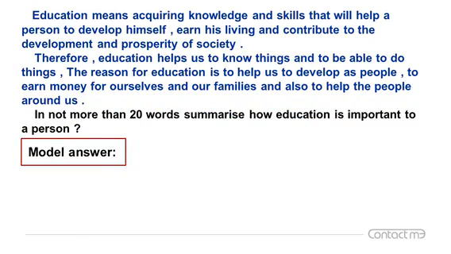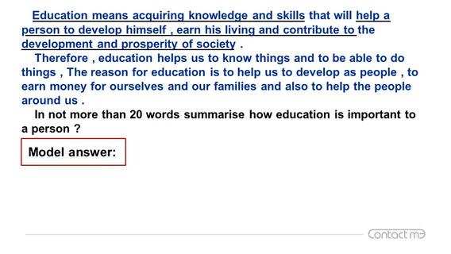Let us underline the key sentences. Acquiring knowledge and skills that help a person to develop himself, earn his living, and contribute to the development and prosperity of society.